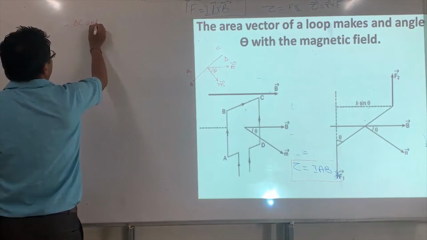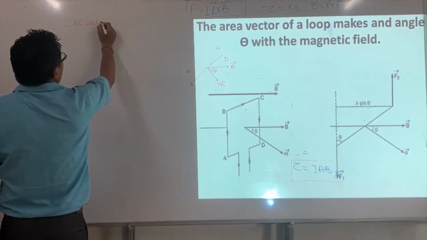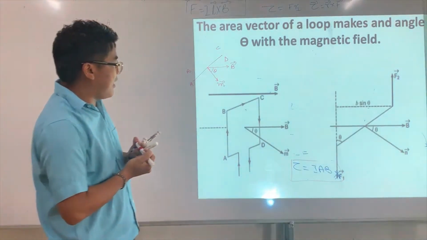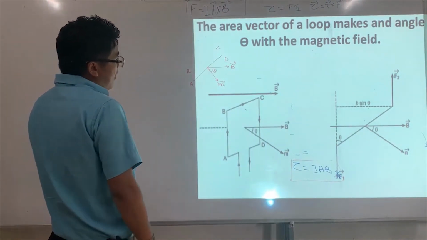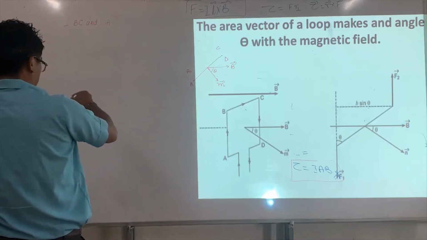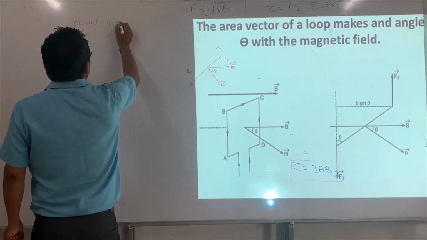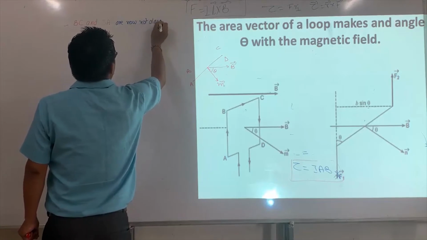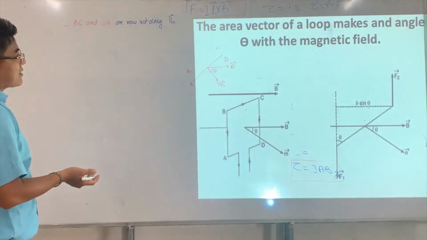Now BC and DA are not along B, alright? It makes some angle, right?